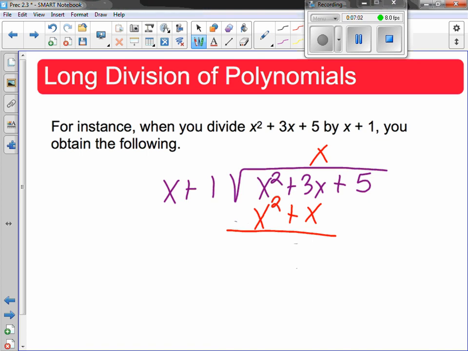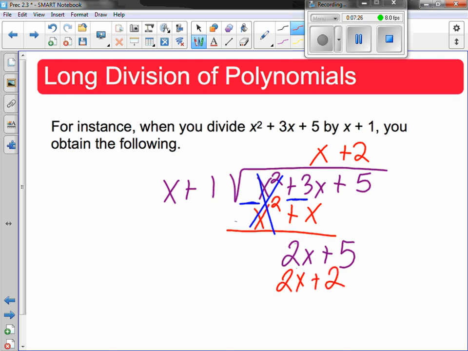We can kind of see that, yes? And we would subtract. x squared minus x squared is 0. 3x minus x is 2x plus 5. So what times x is 2x? 2. So we'd get 2x plus 2.